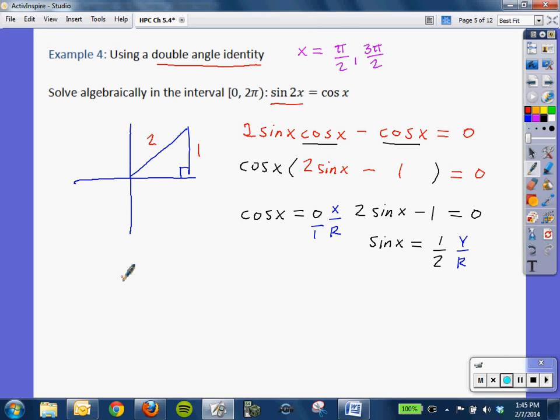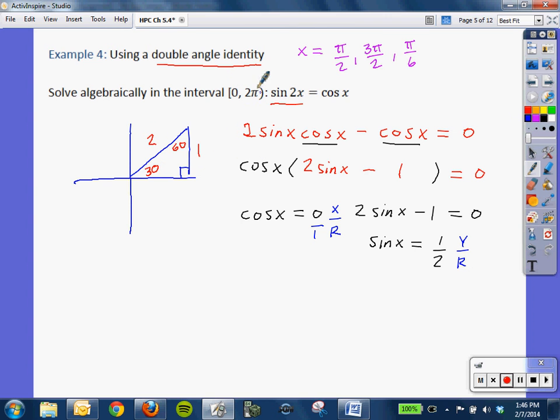That should remind you of a 30, 60, 90 triangle. The side opposite of 30 degrees is half of the hypotenuse. 1 is half of 2. That means this is 60. So what's that angle measure? It's 30, but what's the angle measure in radians?